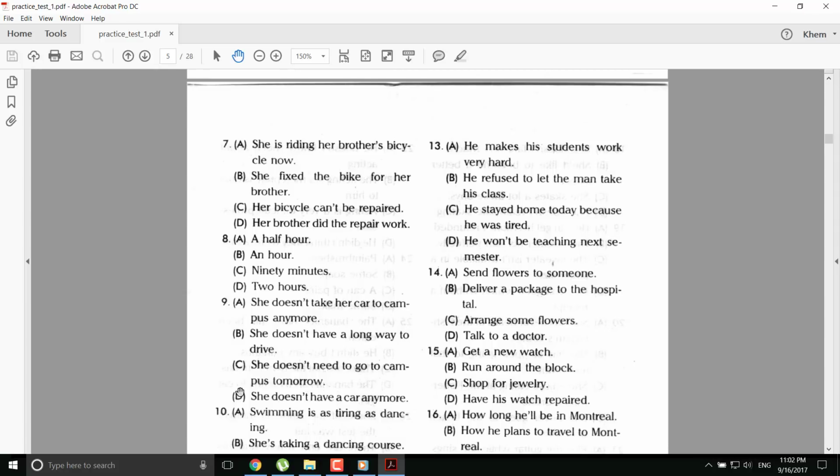I was hoping to take his chemistry course next semester." What is learned about Professor Hendricks from this conversation? Number 14. "I'd like some flowers delivered to Hillcrest Hospital." "Certainly. If you step over here, I'll show you some arrangements." What is the man going to do?